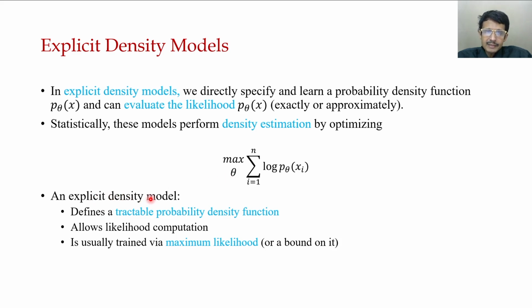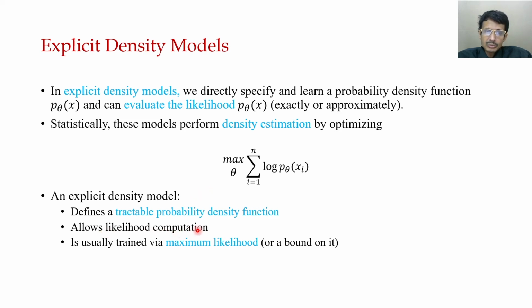So an explicit density model defines a tractable probability density function. This probability density we can track, or we can also approximate.